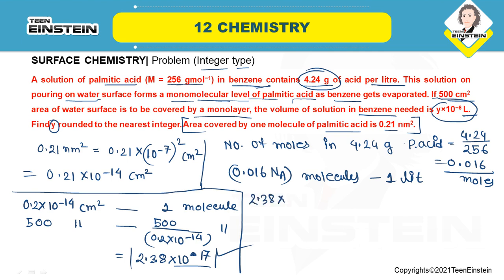So 2.38 into 10 to the power 17 molecules will be present in 1 divided by 0.016 into Avogadro number 6.023 into 10 to the power 23 in the numerator 2.38.